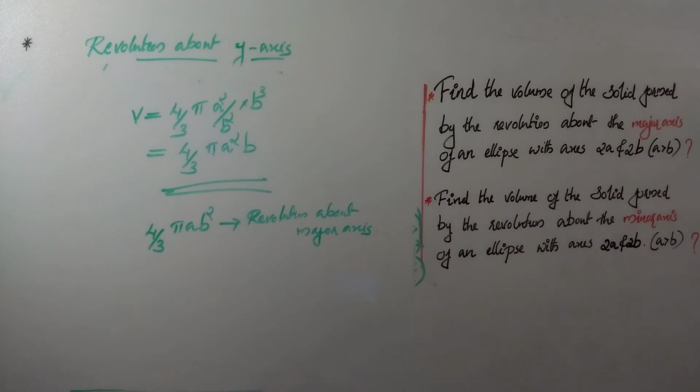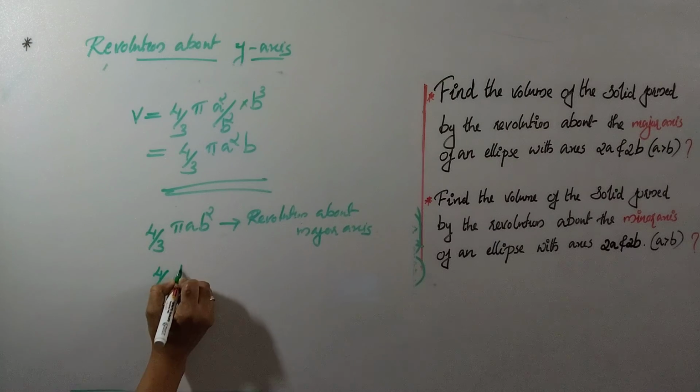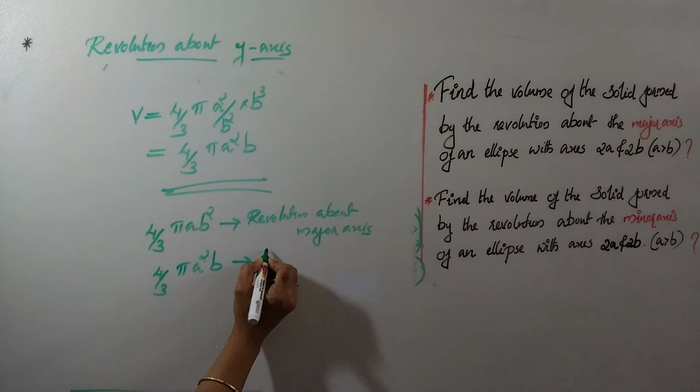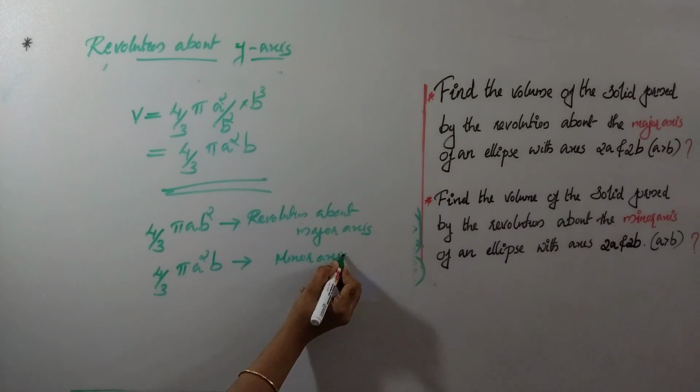And the volume of the solid formed by the revolution about the minor axis of an ellipse with axes 2a and 2b, with a greater than b, is 4 by 3 pi a square b.